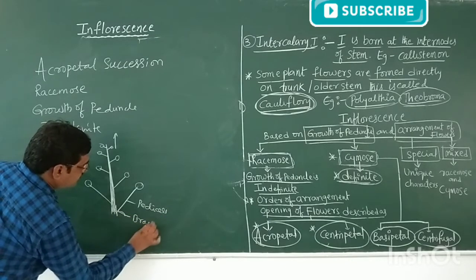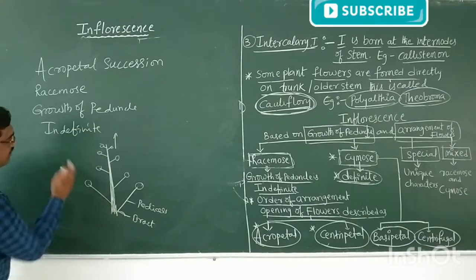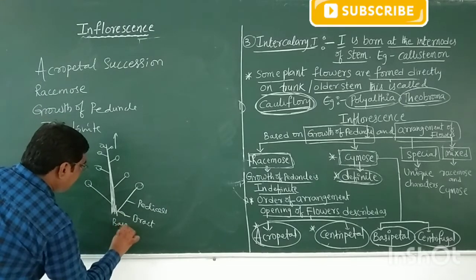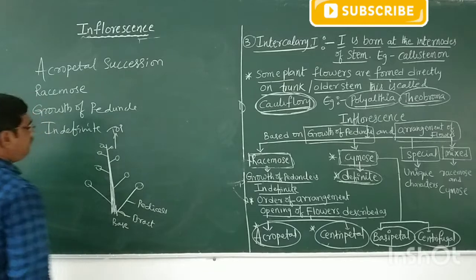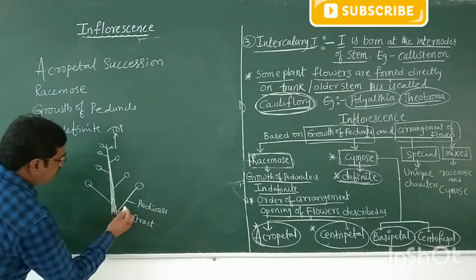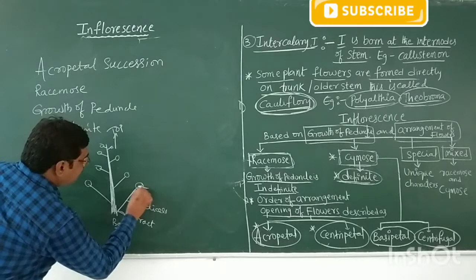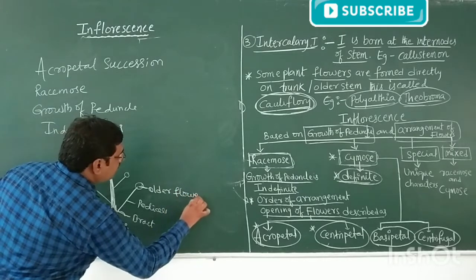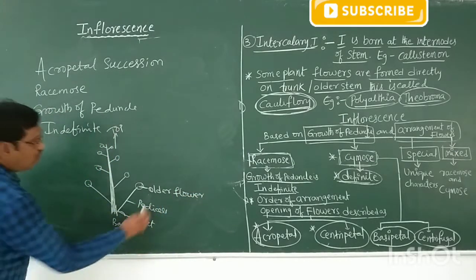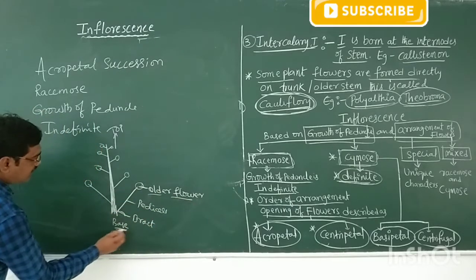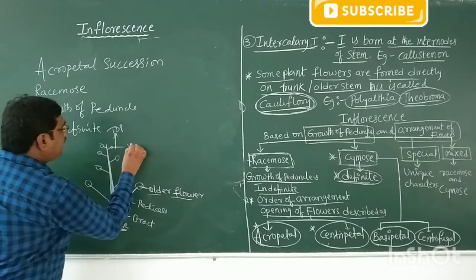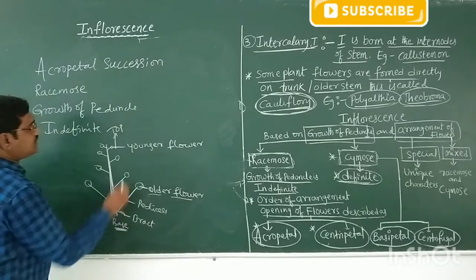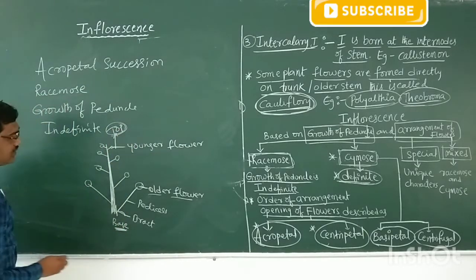This is called the bract. So what is the arrangement and opening of the flowers? This is the base of the peduncle and this is the top of the peduncle. Older flowers are present at the base of the peduncle, and younger flowers are present at the top.